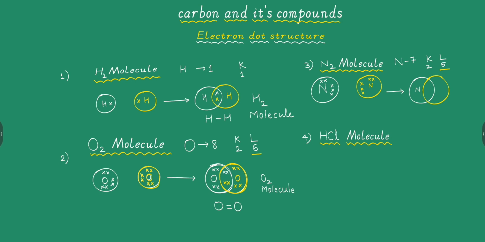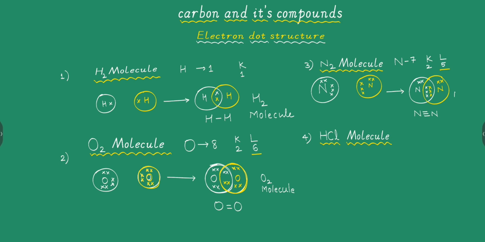So the first nitrogen keeps 2 electrons and the second nitrogen also keeps 2 electrons, but the remaining 3 electrons will be shared by both the nitrogen atoms. We can represent it like this. So in total, 3 pairs of electrons are shared by both the nitrogen atoms, so that a triple covalent bond will be formed between nitrogen and nitrogen.